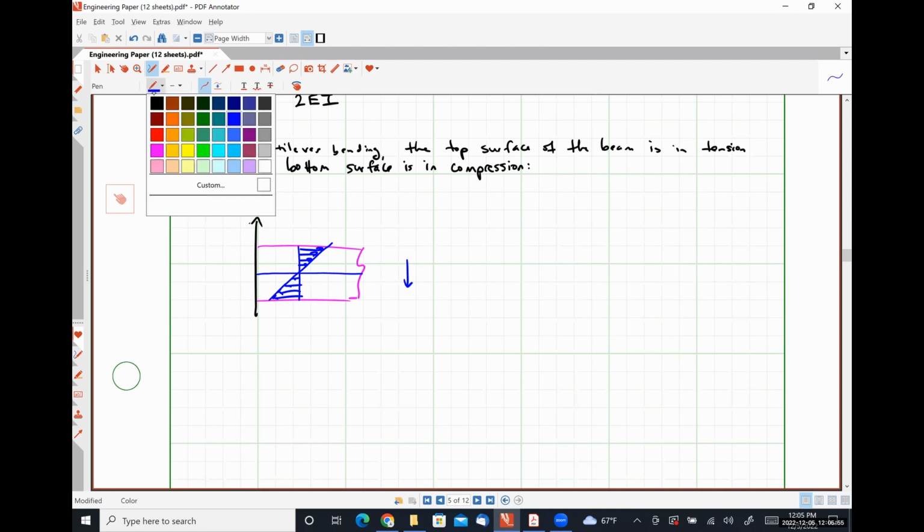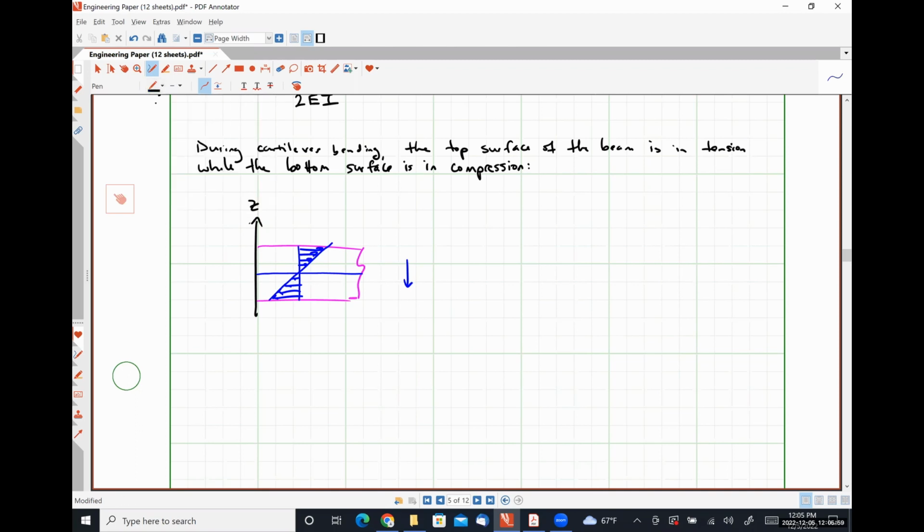And so what we'll find is that our longitudinal stress at a location Z, X is going to be negative M of X over I times Z, where capital Z here represents our distance away from that center line.